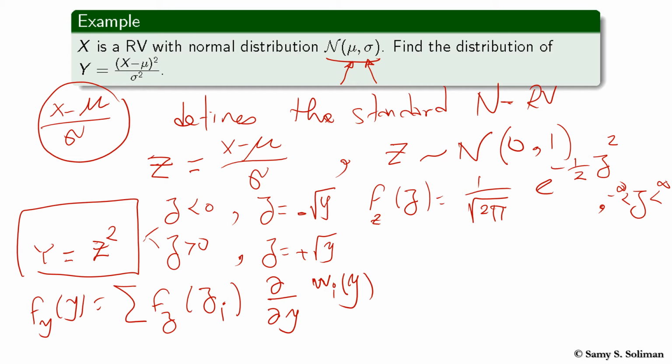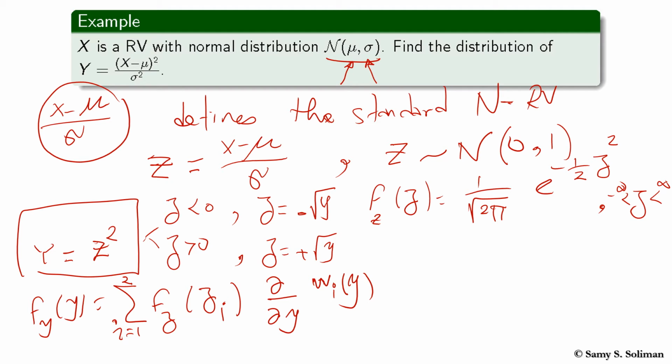And this summation is for i equal to 1 to 2, because we have only two intervals, one interval for positive values of z and another interval for negative values of z.